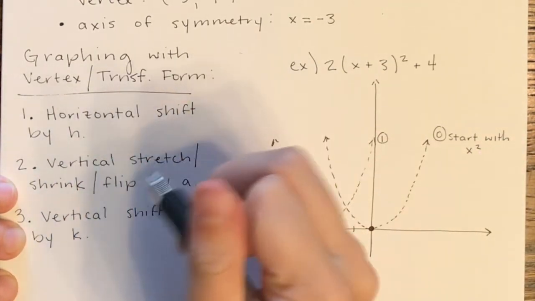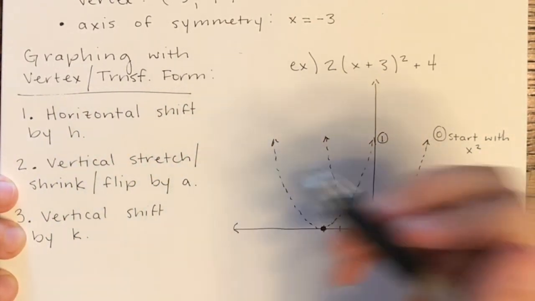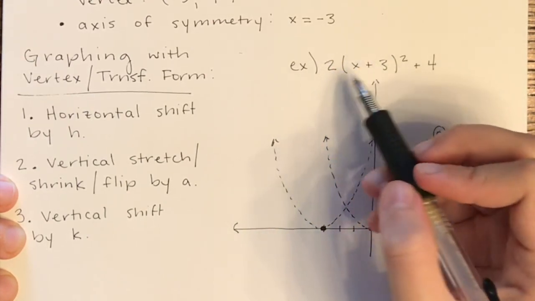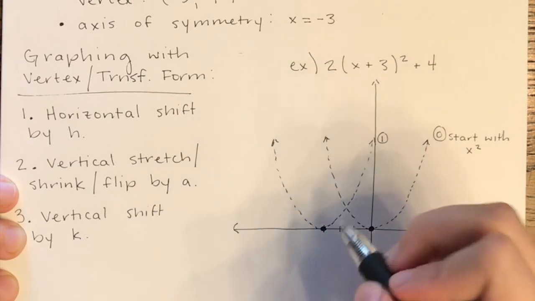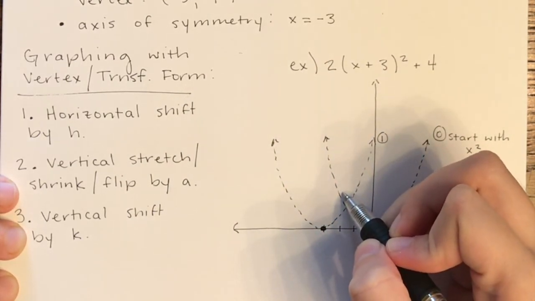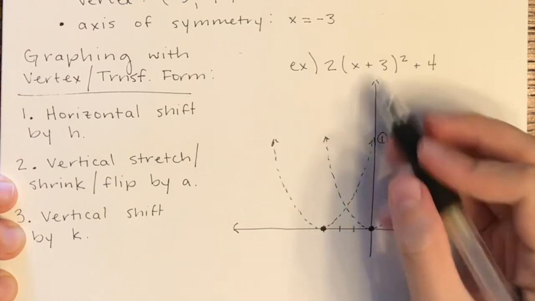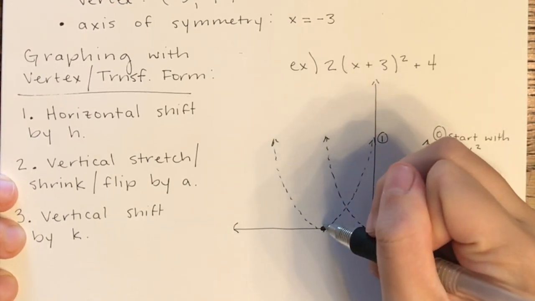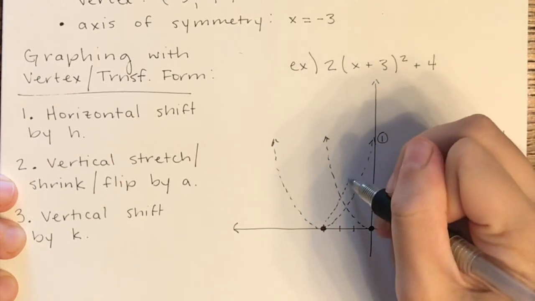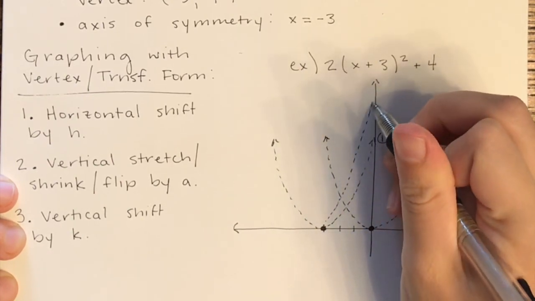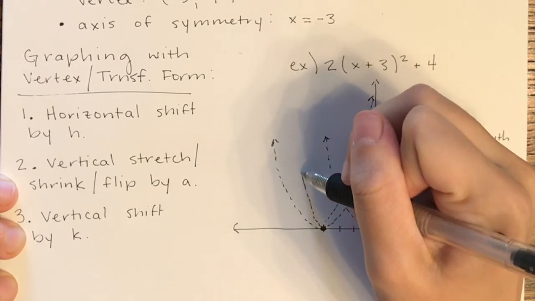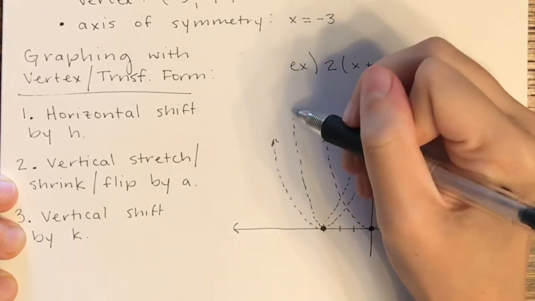Now we have our vertical stretch or shrink or flip, but what is it here? Well, it's a 2, which means that it's a vertical stretch. So each point is going to be about twice as tall as it was before. Looking like this, it's very skinny and very tall.